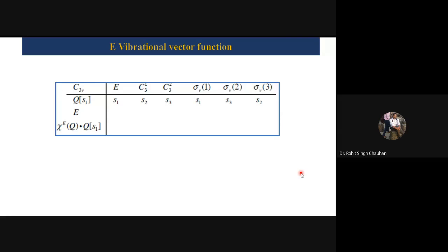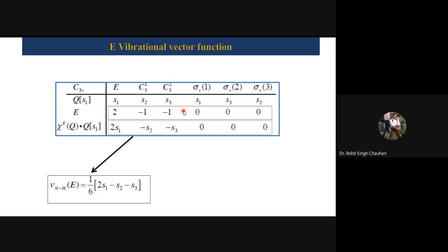See, E vibrational mode, S1, same thing. Now for E, we have taken it from the character table. In the character table it was 2, -1 and 0, where 0 corresponds to sigma v. That's why I have written 0 for all sigma v here, and -1 for all C3. Now you will do the multiplication, so it will be 2S1 minus S2 minus S3, 0, 0. Now we will operate with the projection formula.